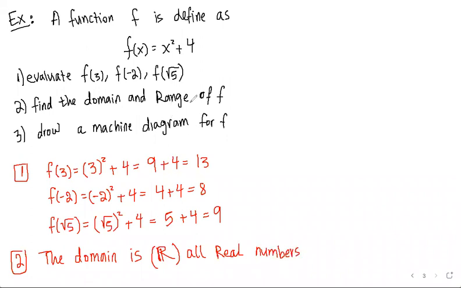Now, what's the range? What's the output for this function? The range is 13 minus 8. Why did you choose 13? Because 13 is the biggest number and 8 is the smallest. And the range is subtracting y.